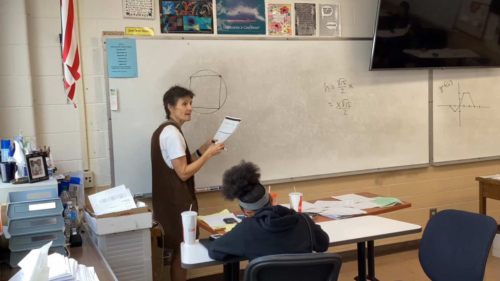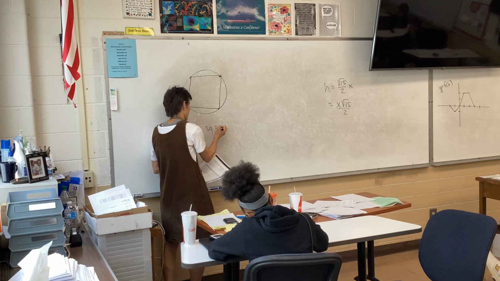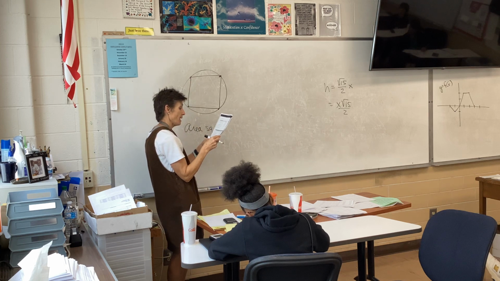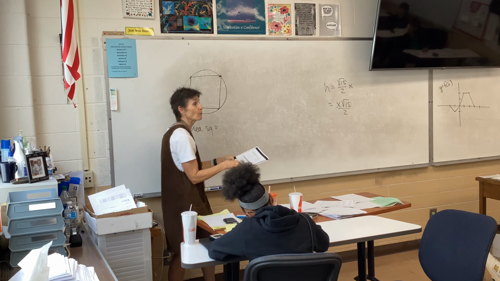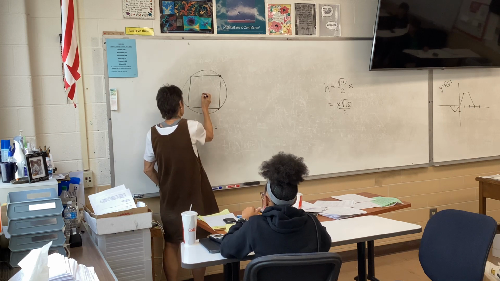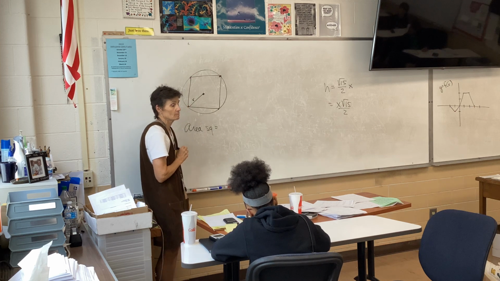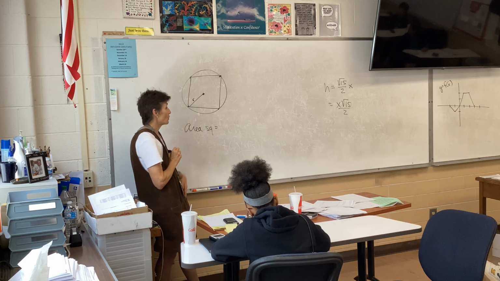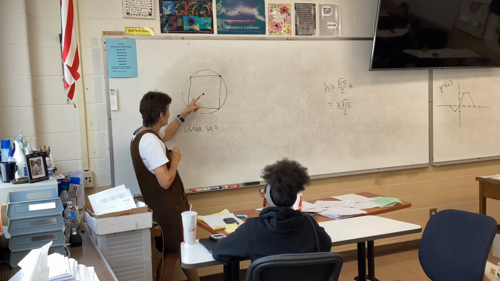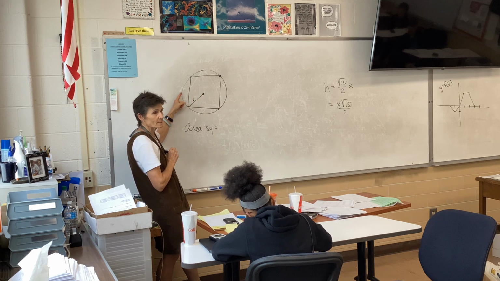We want to write the area of the square as a function of the radius of the circle. So here's the radius of the circle. Notice I drew it to this corner. I could have drawn it across this way, but that isn't going to suit my purposes.